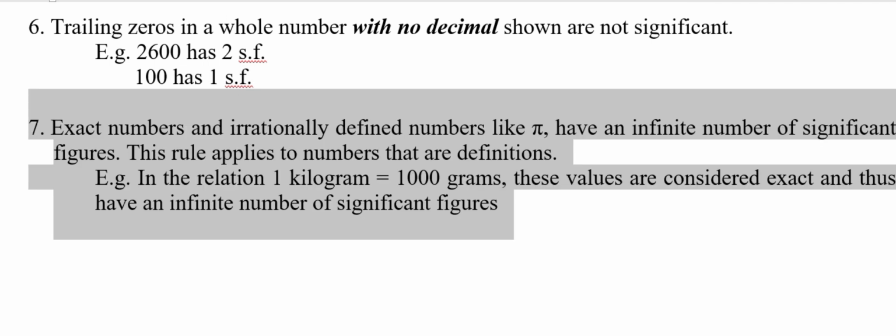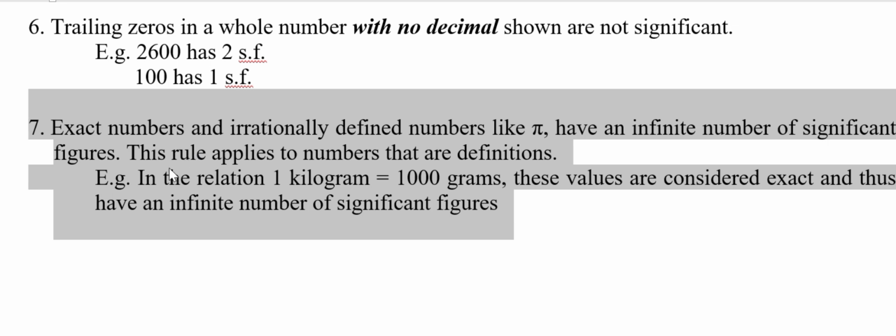Seventh rule is that exact numbers and irrationally defined numbers like pi have an infinite number of significant figures. So when we deal with exact numbers or irrational numbers like pi and these other constants that we use in maths and physics, those ones have an infinite number of significant figures.